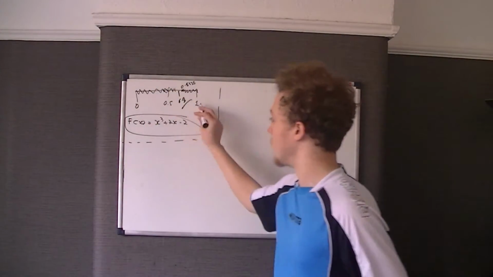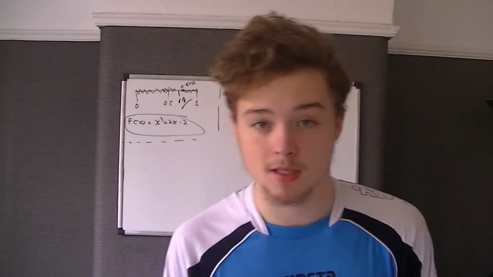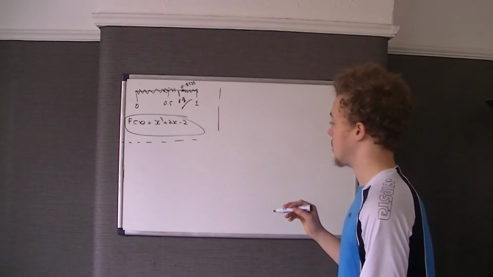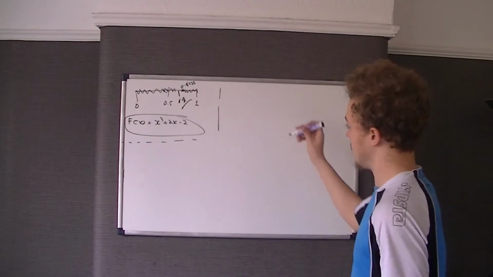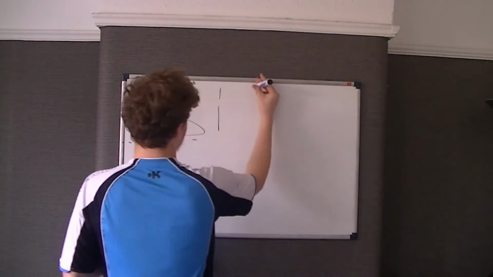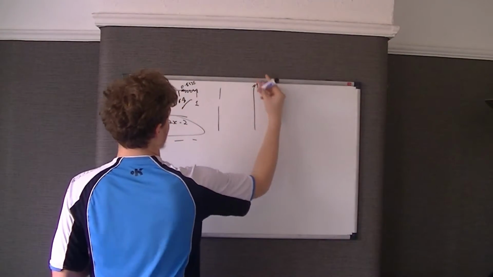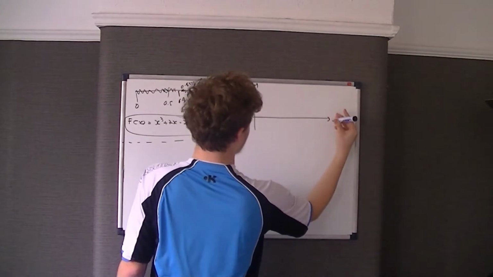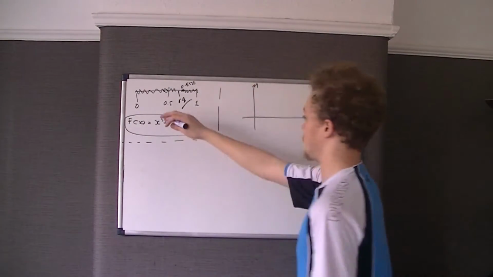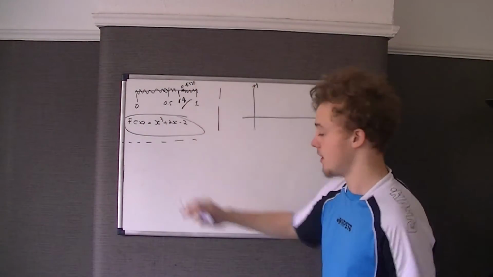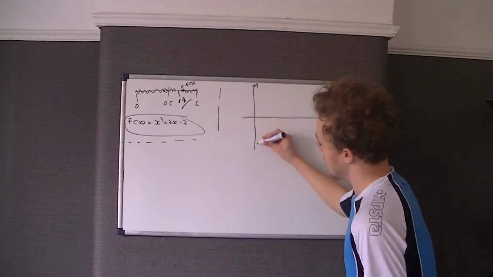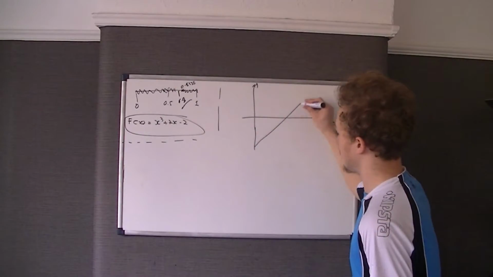As before, you would work out what f of 0 is and f of 1 is, but not necessarily looking at the change of sign. So let's just draw a basic sort of graph. We've got y and x. I'm not going to draw a full 4 quadrants because we know it's between 0 and 1, so I'm not going to bother doing all the minus numbers. Then you draw 2 points on it.